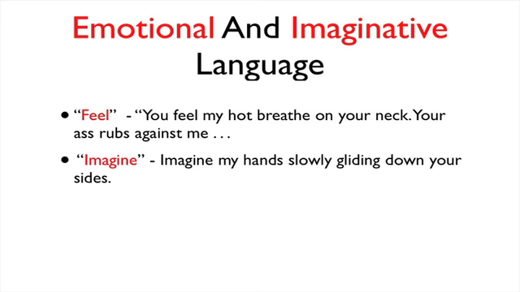My next favorite word is imagine. Imagine my hands slowly gliding down your sides. Imagine is a fantastically powerful word in human communication in general, but in this case, particularly, it's like a howitzer cannon. Simply by saying imagine, you're going to send her to immediately start imagining what you're saying.